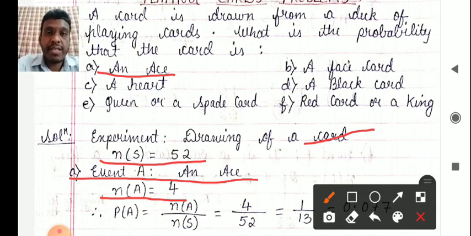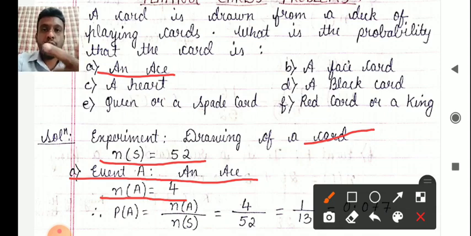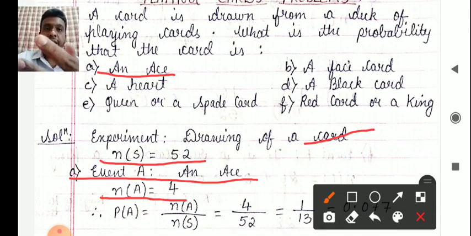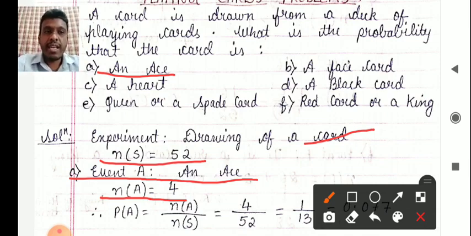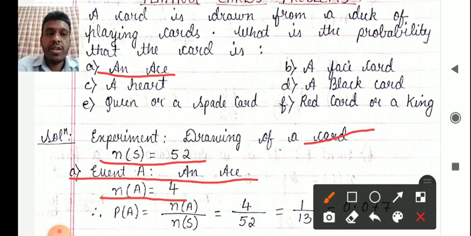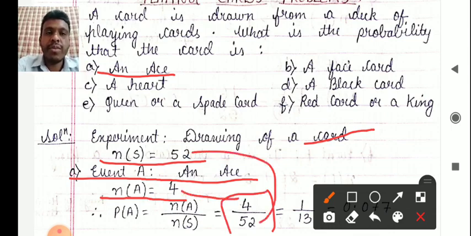It can be a spade ace, it can be a clover ace, it can be a diamond ace, or it can be a heart ace. So one of these 4 aces are possible, so only 4 aces are there, so n of A equal to 4. So probability of A is equal to n of A upon n of S, which is equal to 4 upon 52. 4 comes from here, 52 comes from here.